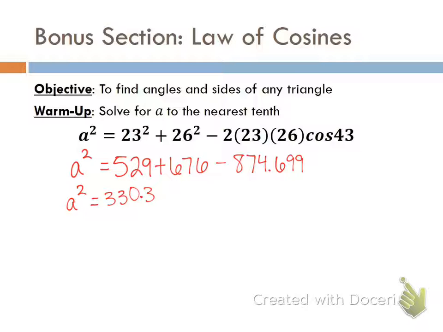Last step to get A all alone would be to square root both sides. And A equals square root, 18.2? We okay with that? Yes, ma'am.